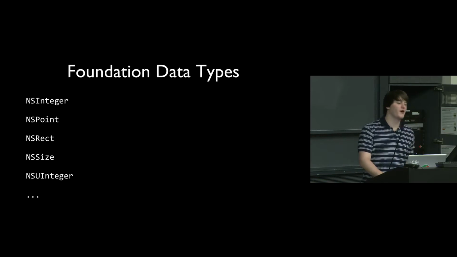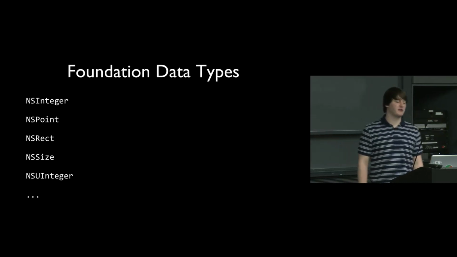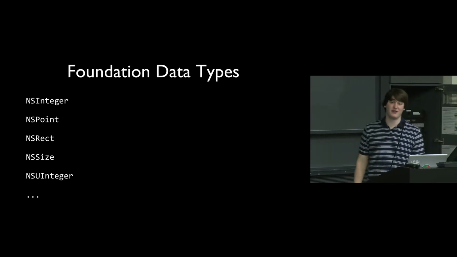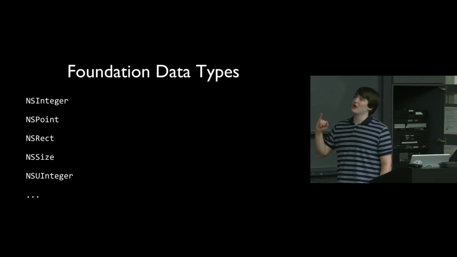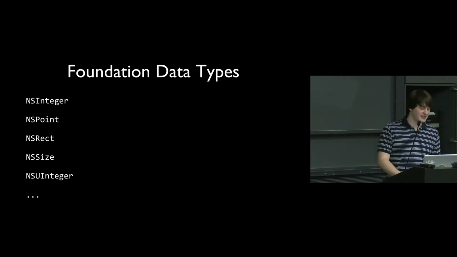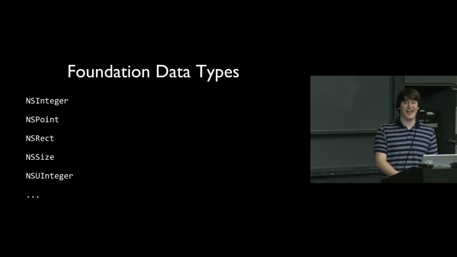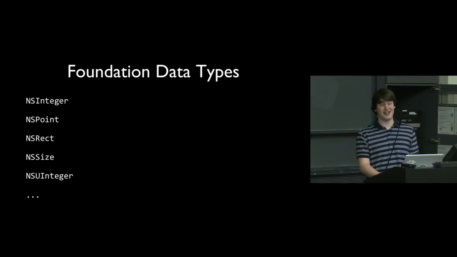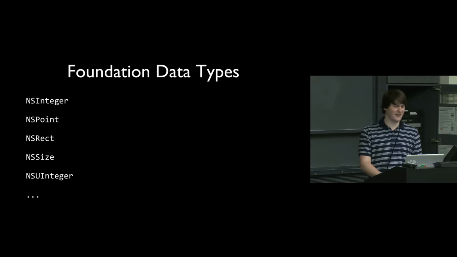Okay, so here are some data types that we also get when we #import Foundation/Foundation.h, which pretty much everything you're going to be doing is going to do. We also get some of these data types: NSInteger, NSPoint, NSRect. These are not objects, and this can be somewhat confusing because it can be difficult to differentiate between objects and these typedef things.